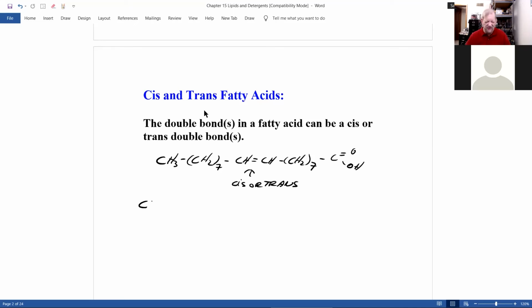And just to remind you, in an alkene double bond, when both hydrogens are on the same side of the plane, this is called cis. And when they're on opposite sides of the plane of the double bond, that's called trans.